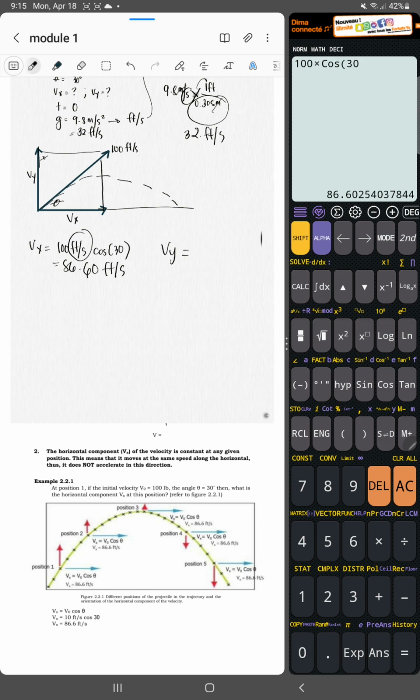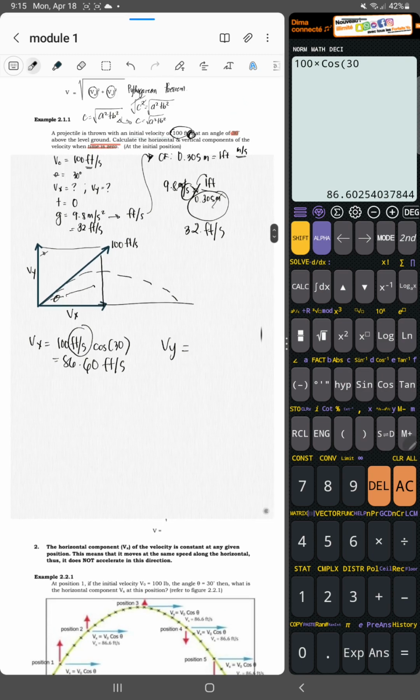Okay, vertical, parehas lang yan ha. Equal lang yan. Okay, the vertical component. Alright? So, kunin na natin ang vertical component nito. O, kung nakikita nyo, ito siya, o. Opposite. Opposite siya. So, ibig sabihin, sine.